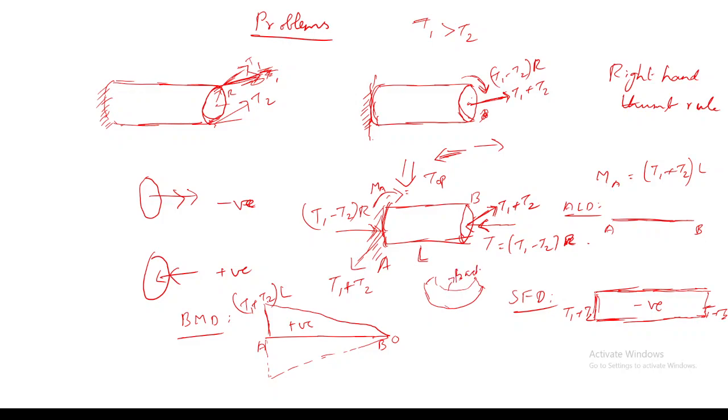So this back surface will be contracted. So only I am drawing this as a positive bending moment. Due to this (T1 plus T2) into L, it gets reduced to 0 and follows a straight line. I will explain these things when we go through shear force diagrams and bending moment diagrams for beams.